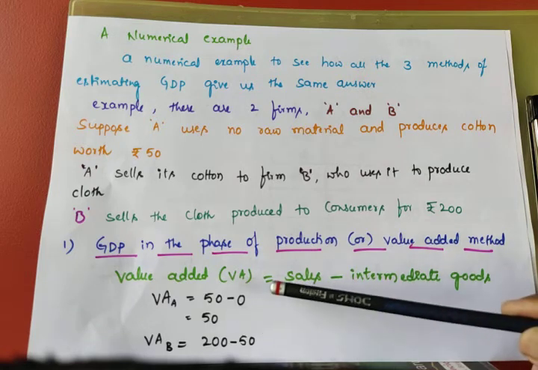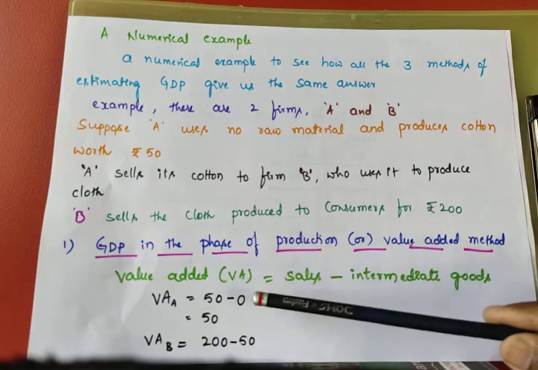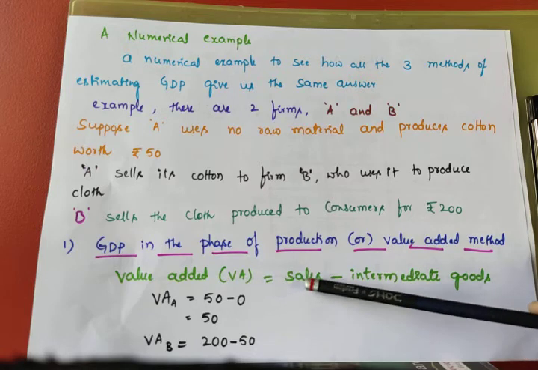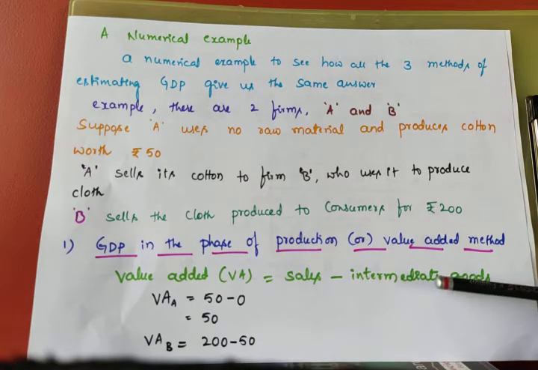To calculate national income under the product method, there is a very important formula: value added equals sales minus intermediate goods.